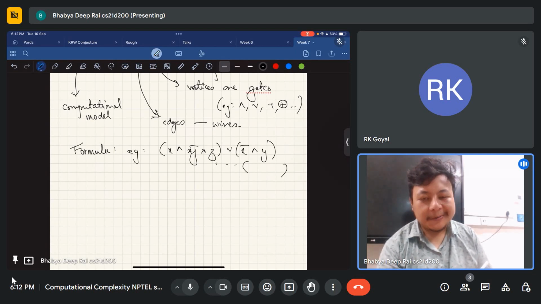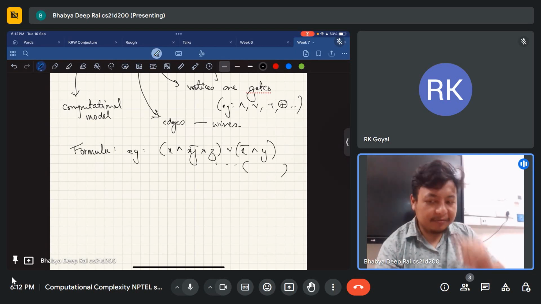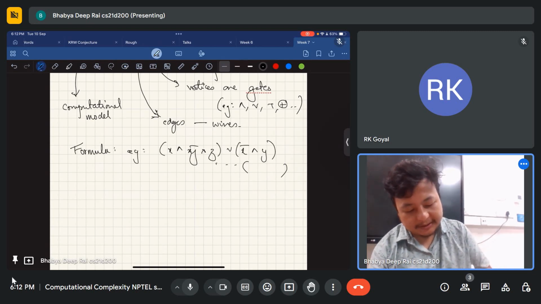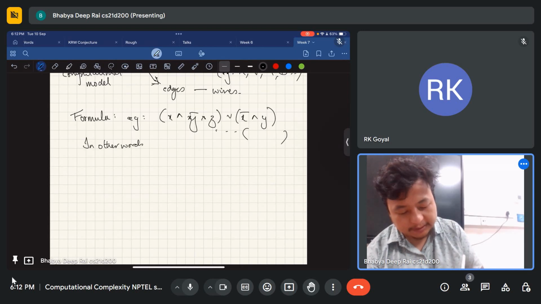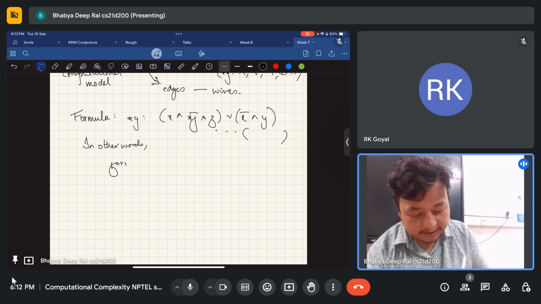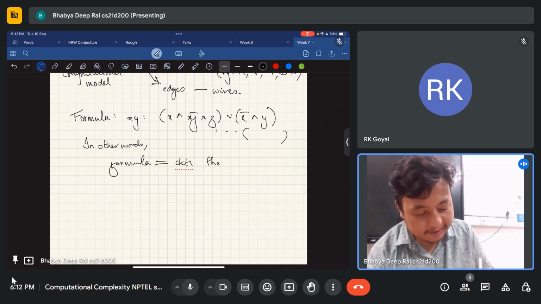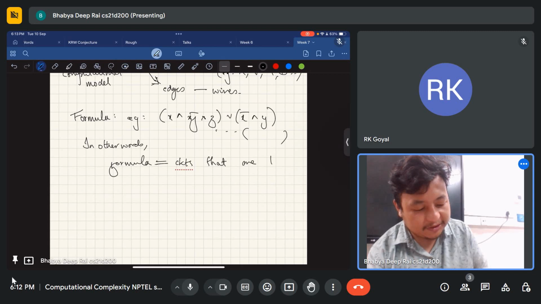This is a formula, right? So in other words, a formula is just circuits that are trees.